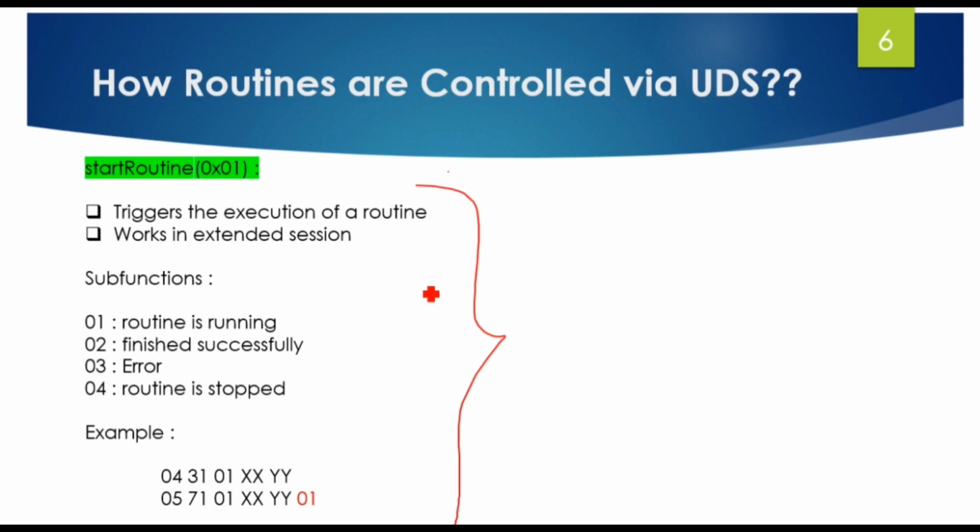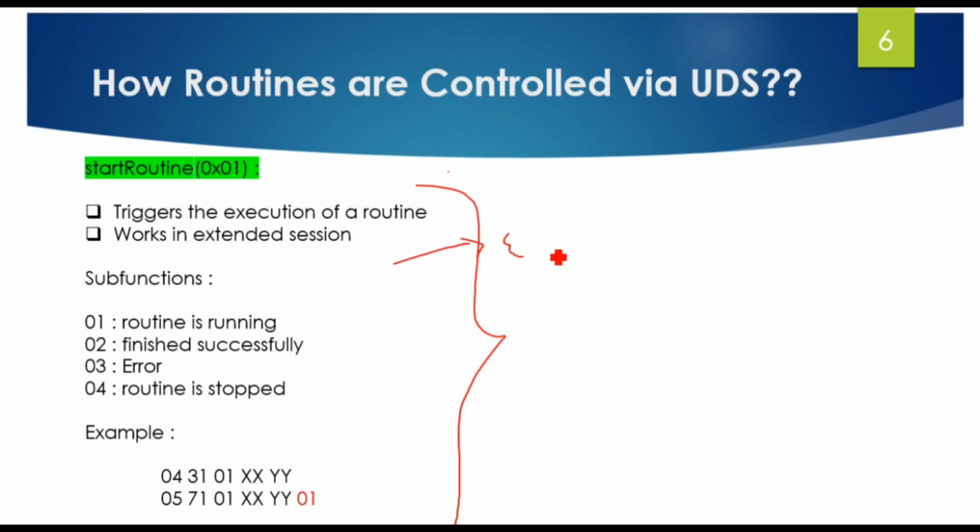Imagine you have just replaced or repaired a tire on your car, and the TPMS needs recalibration. This is where routine control comes into play. So what will start routine do? Using a diagnostic tool, it sends a command using routine control to start the calibration routine for TPMS. You have sent a request to the ECU. Now the ECU will respond to that request and begin the calibration process, such as detecting and recording a new tire pressure baseline.